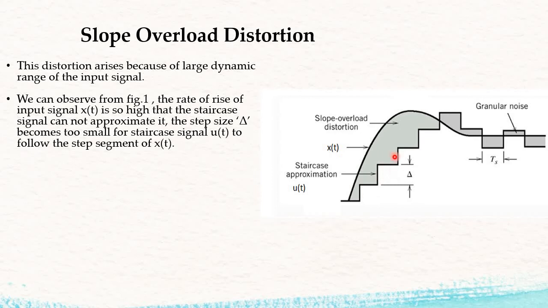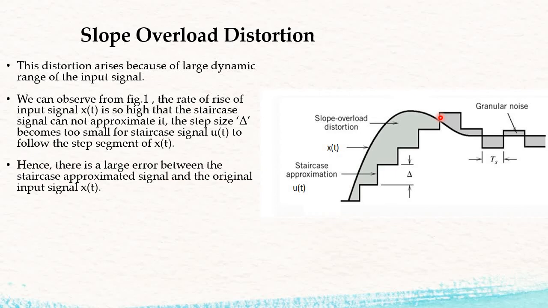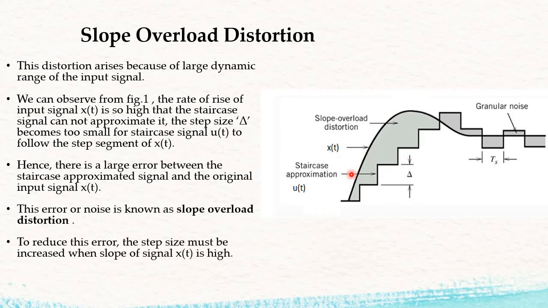The step size delta is too small for the staircase u of t to follow the segment of x of t. The size is very small to follow the changes in the input signal, and hence there is a large error between the staircase signal and the original signal. So this error is called slope overload distortion.